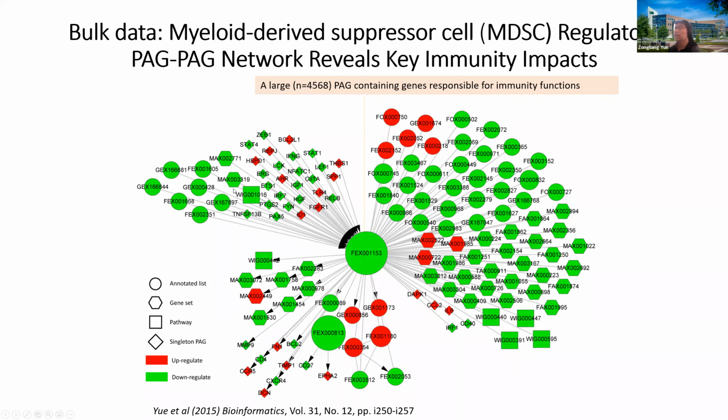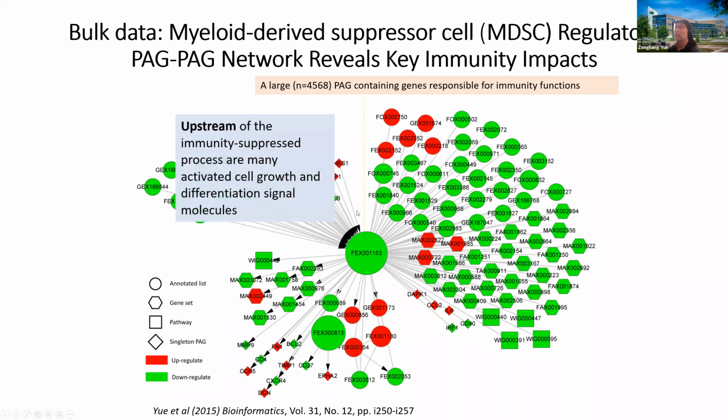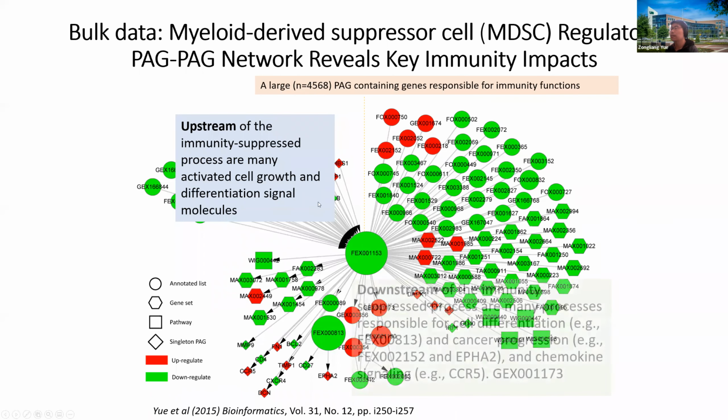Therefore, you can see this PAG, gene-to-PAG and PAG-to-gene kind of relationships reported in PAGER. We can also summarize the upstream of the immunity suppression process, such as activated cell growth and differentiation signal molecules here.